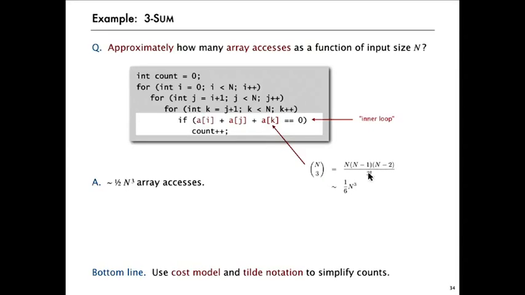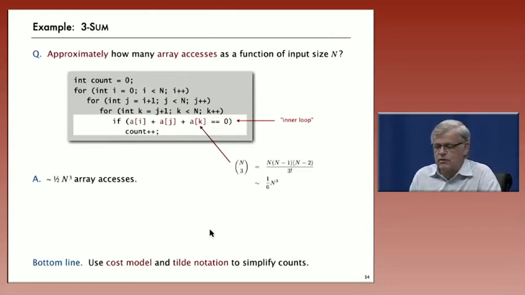And again, doing the math and using the tilde, it's just tilde 1/6 n cubed. There are 3 array accesses for each triple, so we can say tilde half n cubed. We're not computing and summing the costs of all operations. That's too much work. We're picking the most expensive in terms of cost times frequency and approximating that, trying to get a good model for the running time.